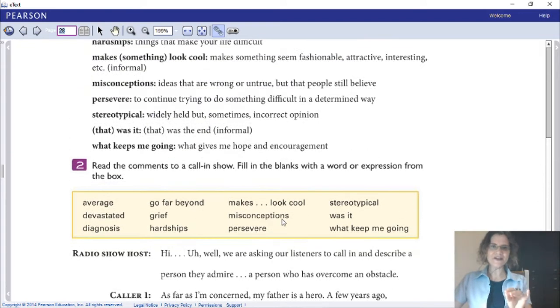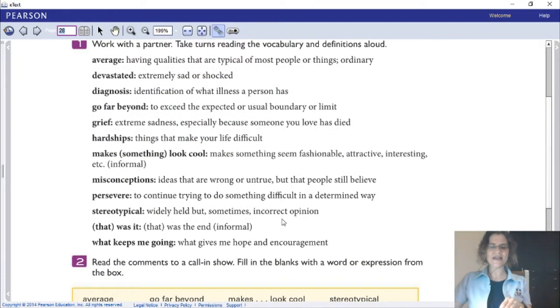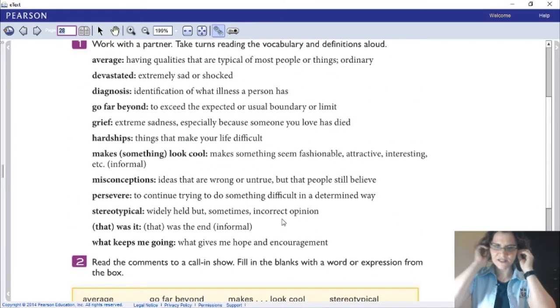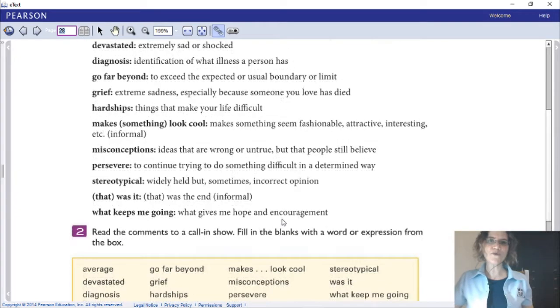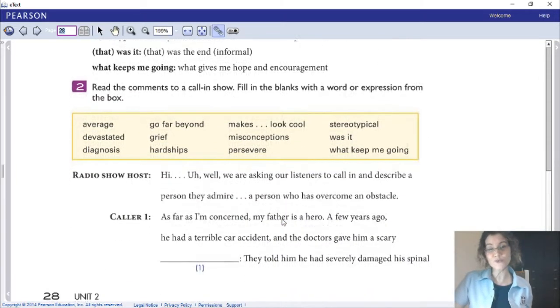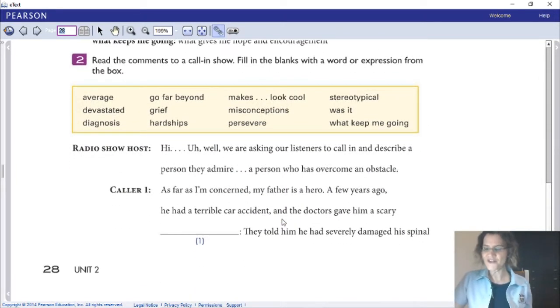Just now, in activity 1, we looked at the words, phrases, and the definition, understanding what the word or phrase means. But now you're going to place those words and phrases in the right context. Yes? Okay. I'm going to give you some time to do that. You can pause your video.